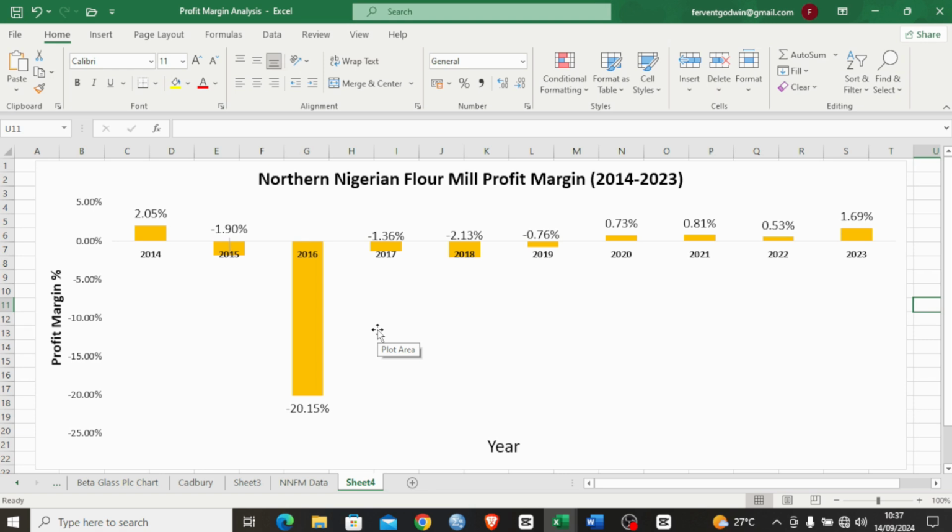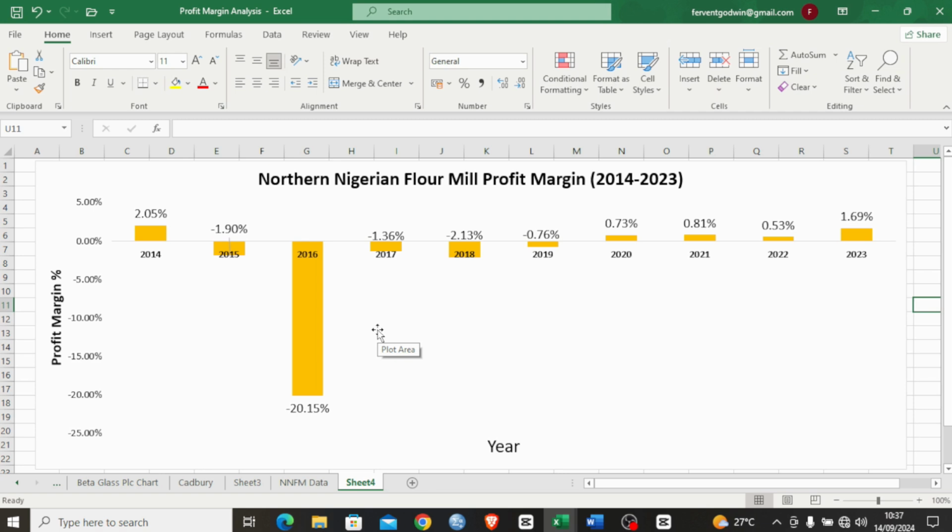Then it went up slightly in 2021, and there was a slight drop in 2022. In 2023 it came up a bit more to 1.69.